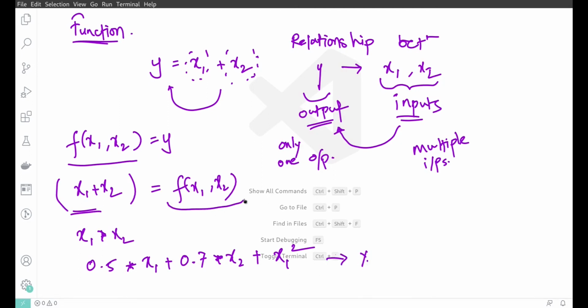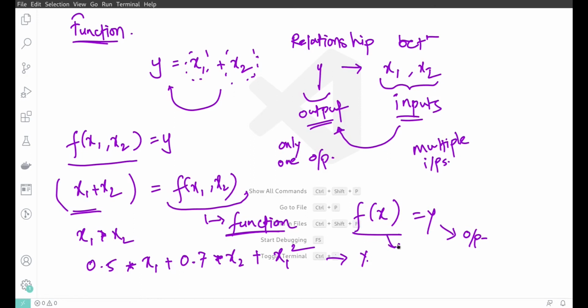So this f of x1 and x2 is what we call a function. If it takes only one input, we can write it as f of x equals y. So y is our output and this is our function, and for a certain value of x, we get y when we pass the value of x through this function or this relation.